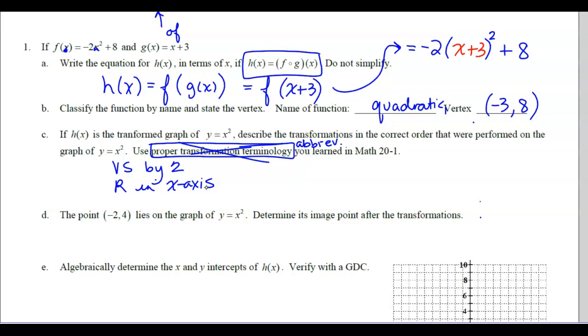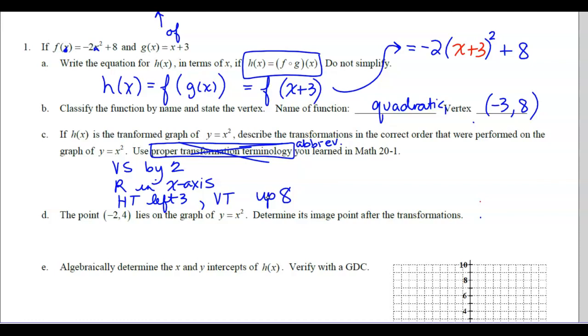So horizontal translation, left 3, vertical translation, up 8. Again, a review from the quadratics unit.